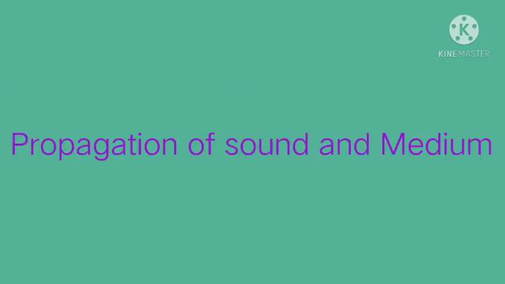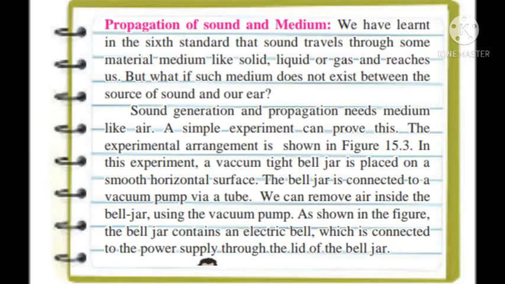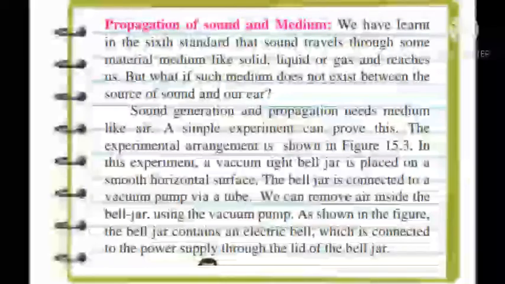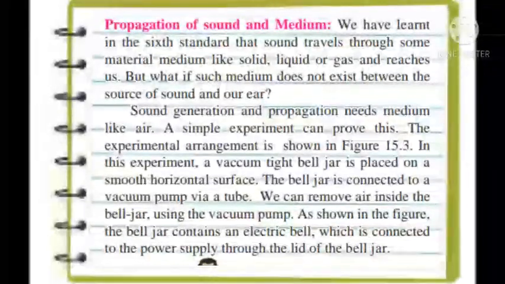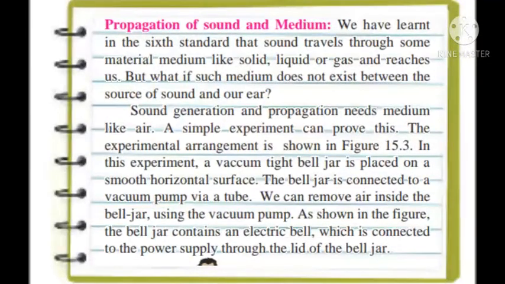Propagation of sound and medium. Students, we have learnt in the 6th standard that sound travels through some material medium like solid, liquid or gas and reaches us. But what if such medium does not exist between the source of sound and our ear?